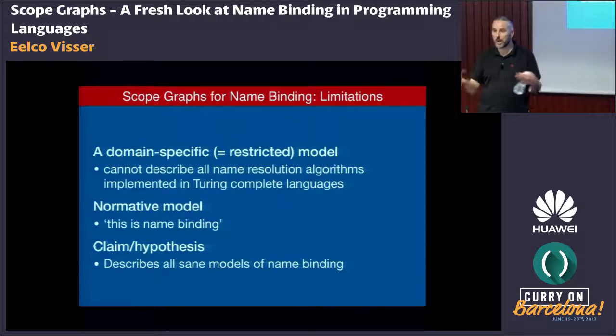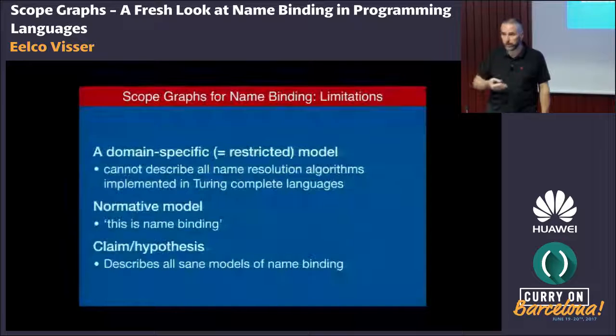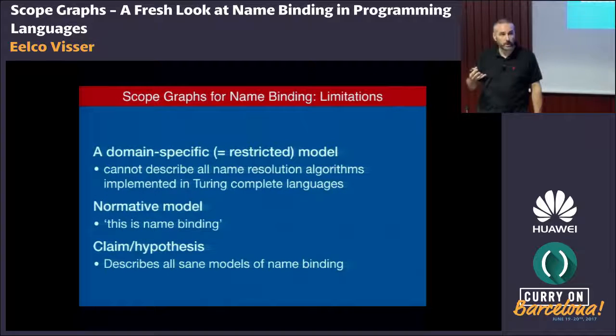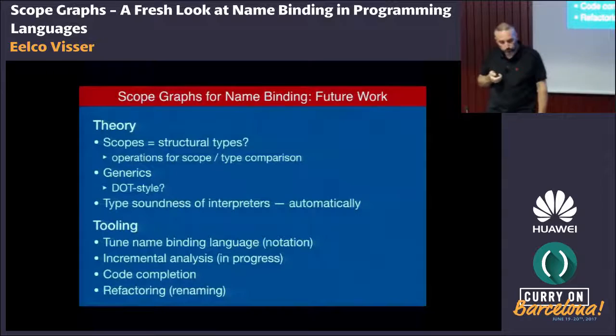Now the question is, is that adequate? That requires experimentation. I think it does cover sane name binding models. I think that's a good thing, just like using context-free grammars for your syntax gives you a sane model for the syntax of your language.